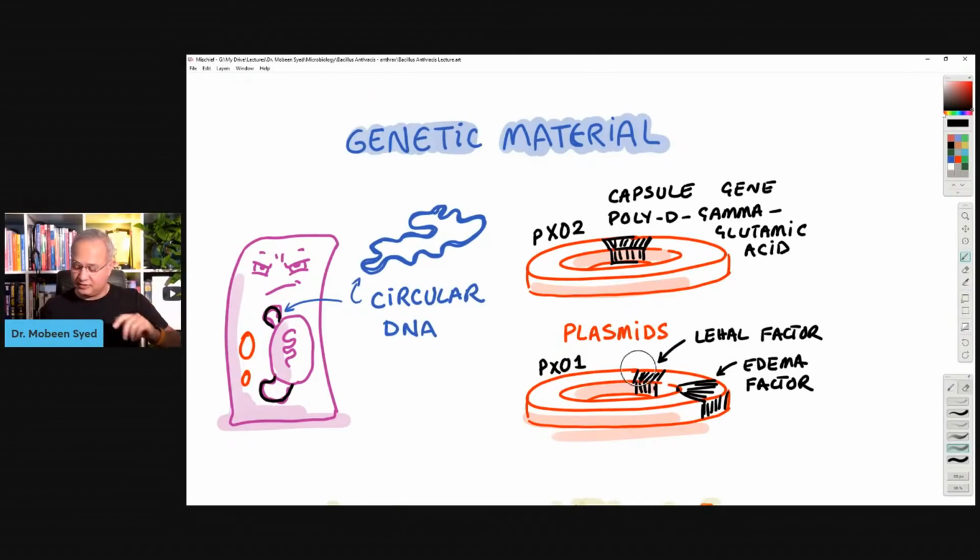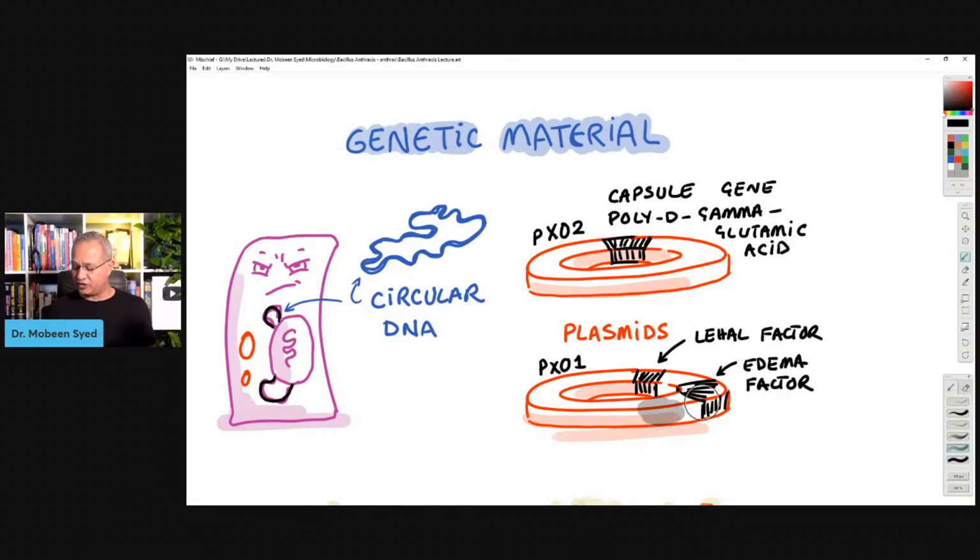Okay, so plasmid PXO1. PXO1 has two genes on it which are really important. Number one, lethal factor, and I'll explain these a little later. So this is a gene that makes a protein that is called lethal factor. And then there is another gene on this plasmid, PXO1, that makes another protein which is called edema factor. There's also protective antigen here as well.